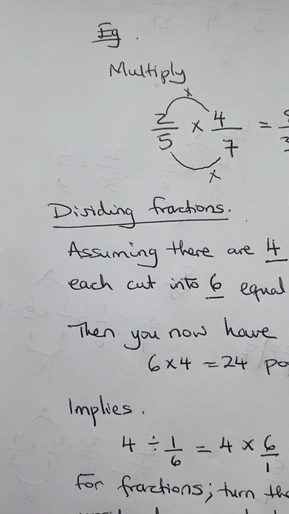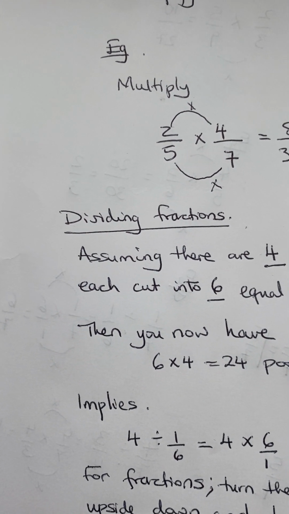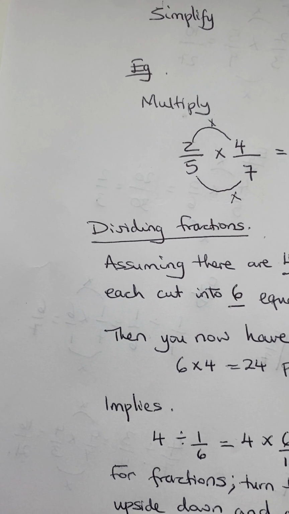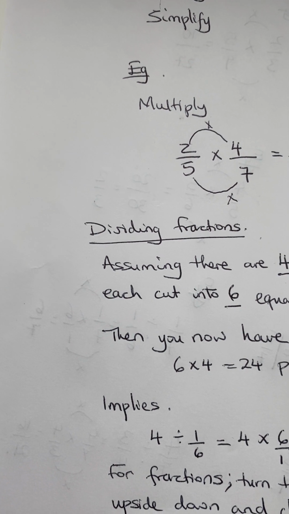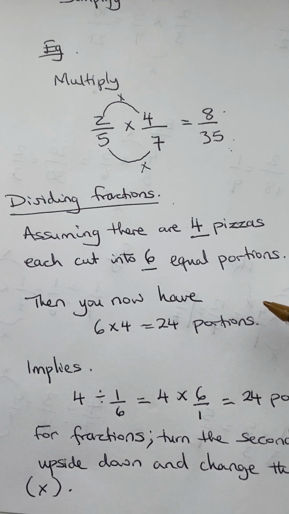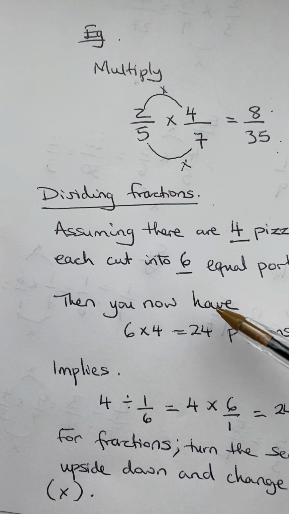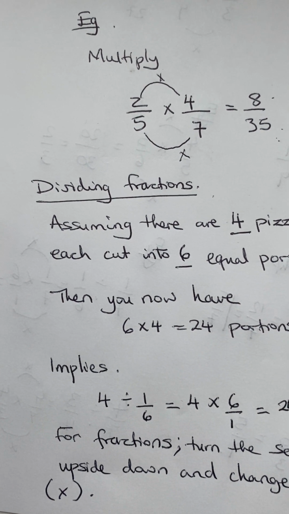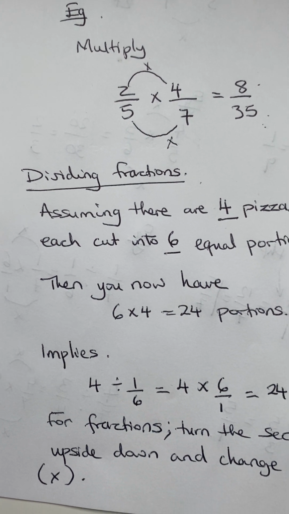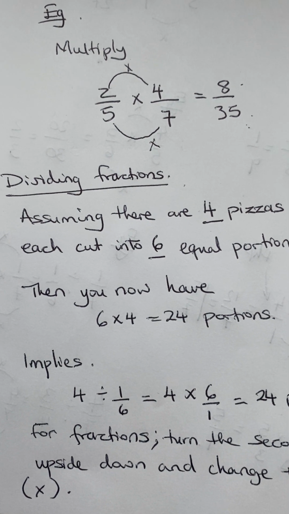Now let's look at division. Division is similar, but to make it simpler, let's look at this analogy. Assuming I have 4 pieces, and each of them I cut into 6 parts. So I have 4 full pieces, and I'm going to cut each of them into 6 parts.